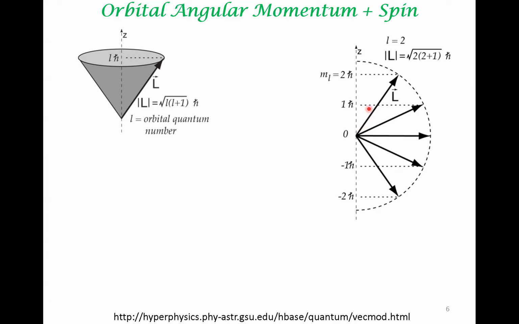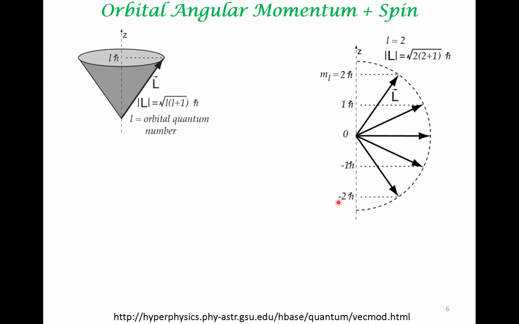So the z component of the angular momentum can take up certain specific values. Not all possible values are obtainable. Only specific values are obtainable. That's why you say that the z component is also quantized. It can take up m sub l to be 2, 1, 0, minus 1, and minus 2.